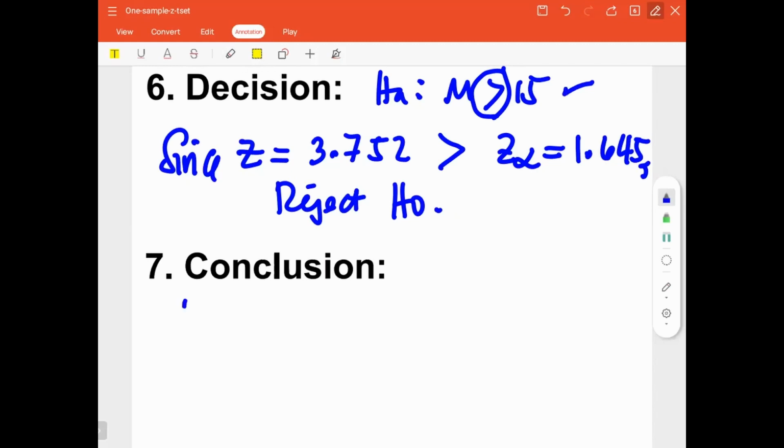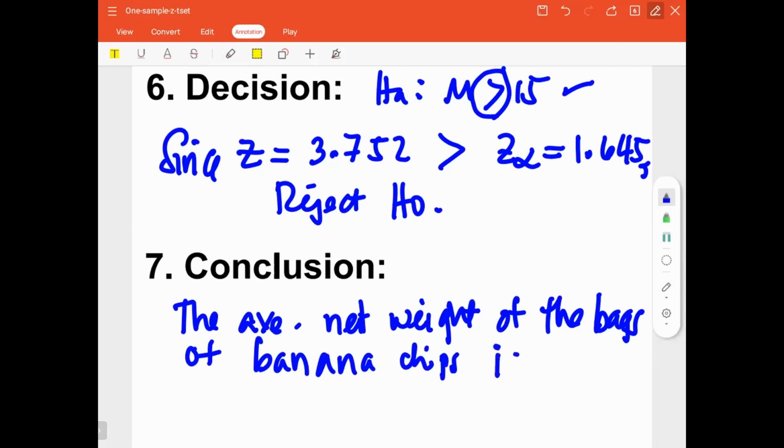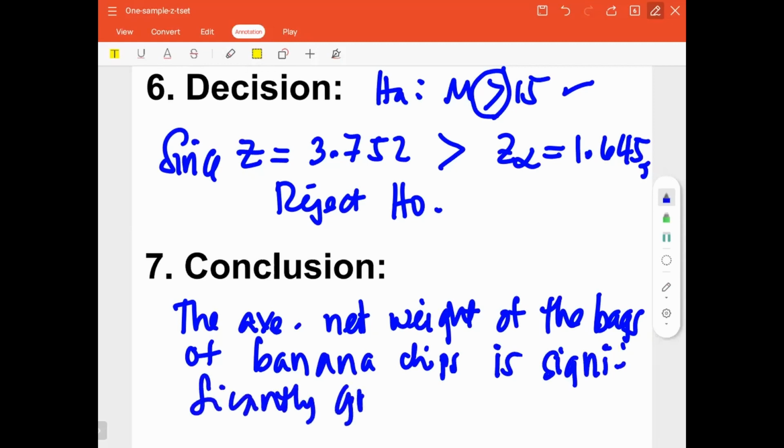Then we would say that the average net weight of the bags of banana chips is significantly greater than 15 ounces. Yan. Take note guys.